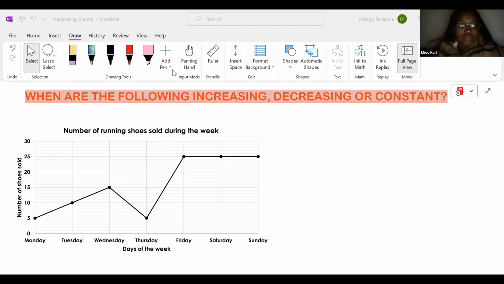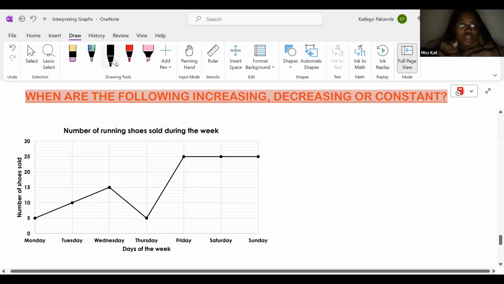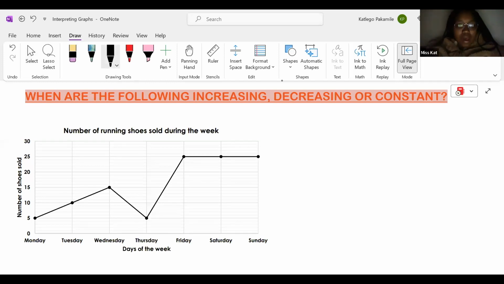Yes, guys, that is when the graph would be increasing because it is going up. If you look from left to right, the graph is going up. So increasing would be, let's check again, you said from Monday to Wednesday, then again from Thursday to Friday.